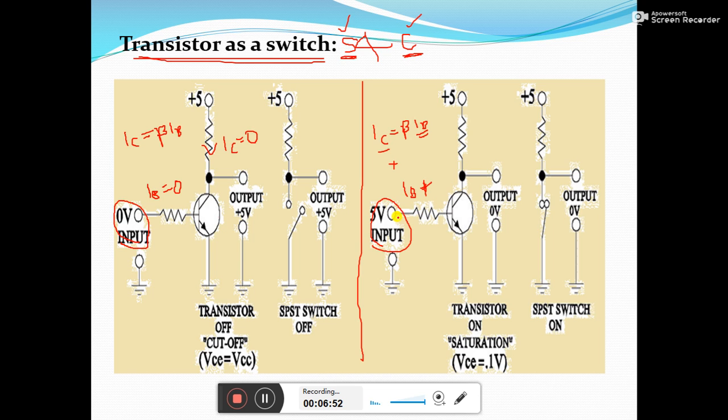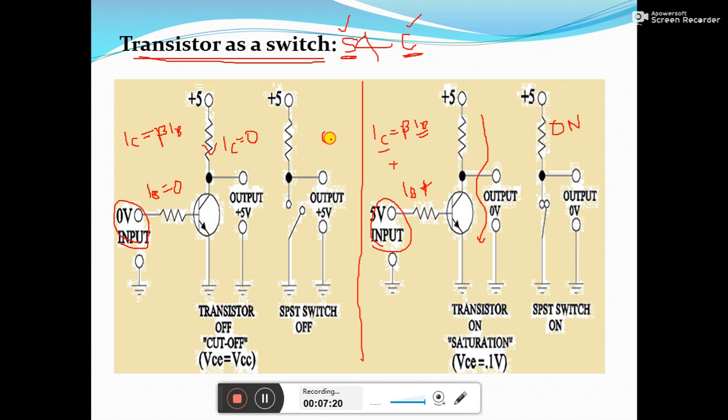So if you apply 5 volts as an input here, current can flow, the conventional current direction being from collector to emitter, and now it acts like a closed switch, meaning the switch is in the on position.